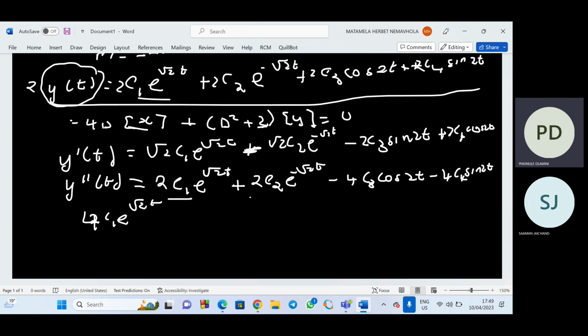Adding this 2 and this one is going to be plus 4 c2 e to the power negative square root of 2t. And then minus 4 c3 plus 2 is going to be minus 2c3 cos 2t. Minus 4 plus 2 again is going to be minus 2c4 sine 2t.